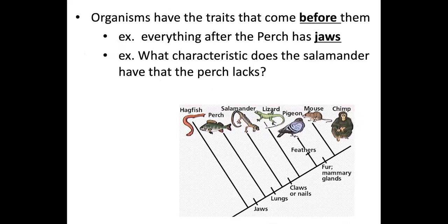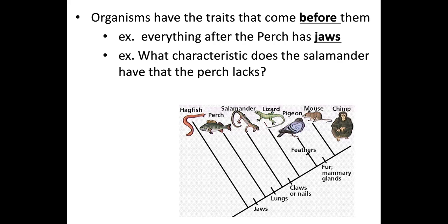So does a hagfish have jaws? No, why? Because it came after. Jaws came after, so they do not have jaws, okay? So another example, everything after the perch has jaws because jaws comes before all of these other organisms, okay?